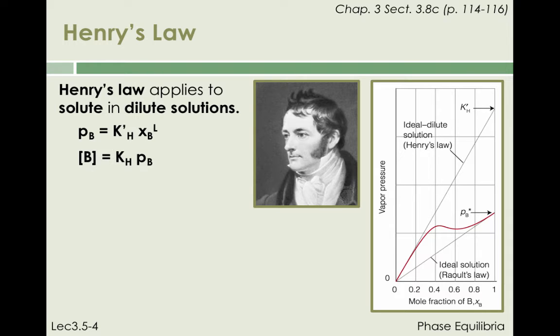Sometimes Henry's law is written as a linear relationship between the molarity of the solute in solution, or B between brackets, and the partial vapor pressure of B, and takes the form molarity of B equal K sub H times PB.